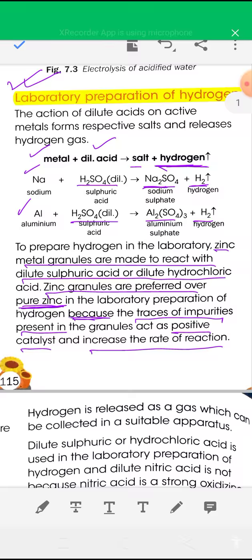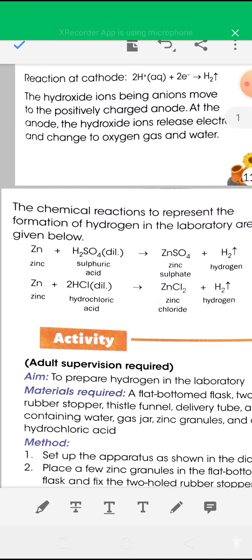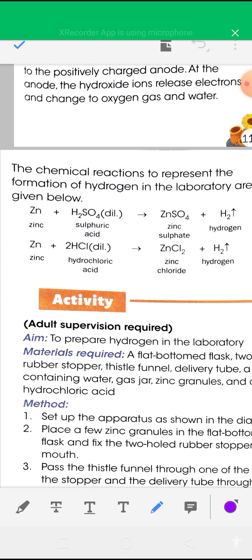So in the laboratory the preferred metal is zinc, and zinc is treated with dilute sulfuric acid, and the products are zinc sulfate and hydrogen gas. The chemical reaction is Zn plus H2SO4 gives ZnSO4 plus H2. Similarly, you can also react zinc with hydrochloric acid.